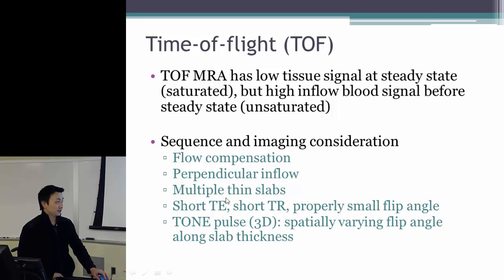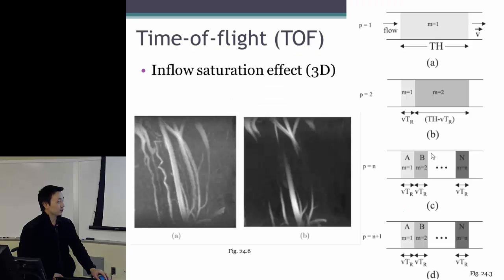Another idea to improve the TOF effect for 3D is that we can use multiple thin slabs or multiple thin slices for 3D and 2D respectively. So let's go back here.